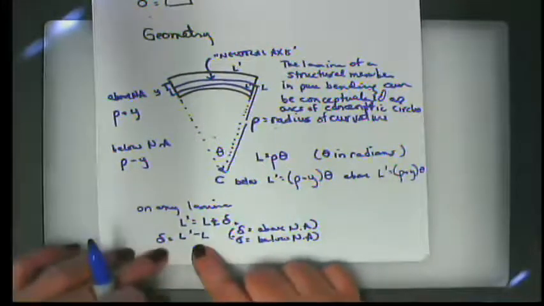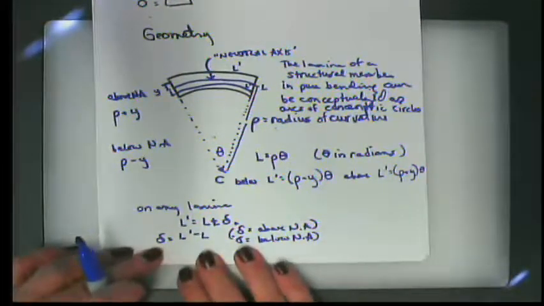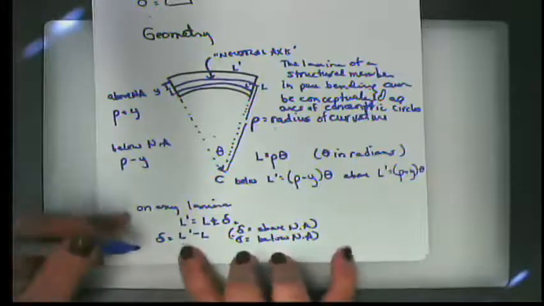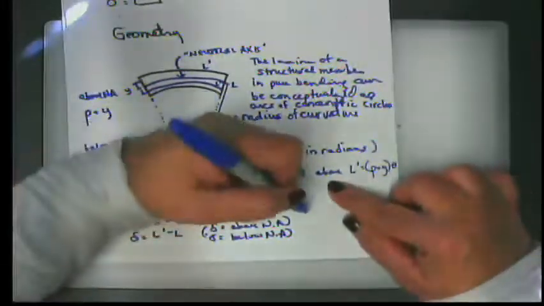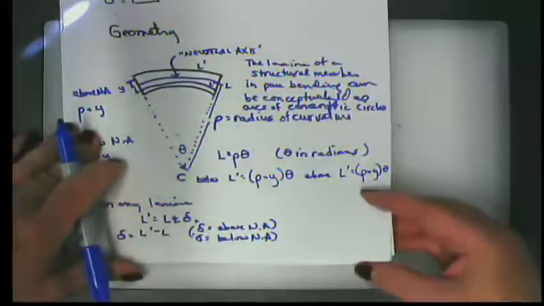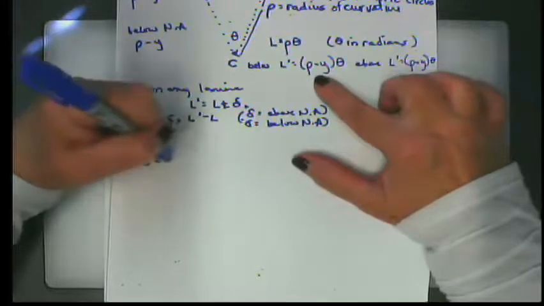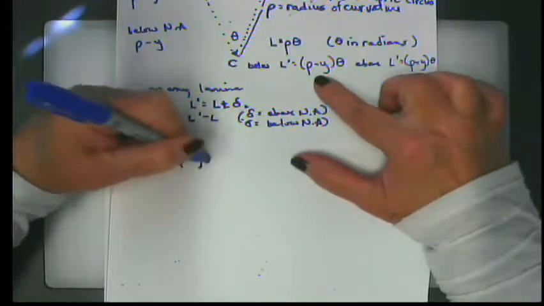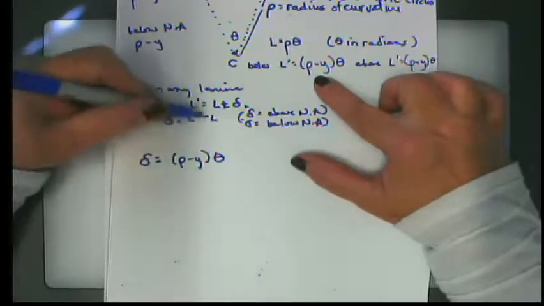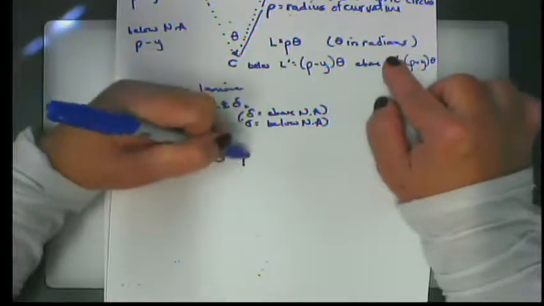But if we just use this nomenclature, we can then say that del is equal to L prime, let me continue this on another page here. Therefore, del is equal to L prime, which is rho minus y times theta, minus L, which is just rho times theta.